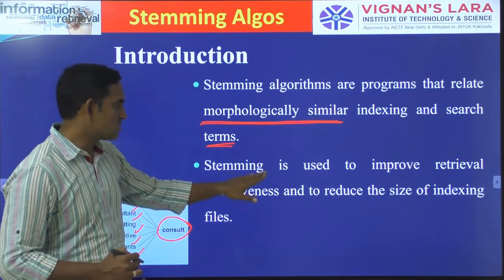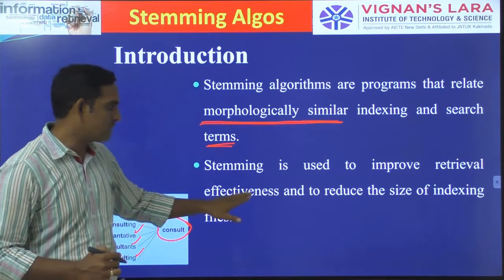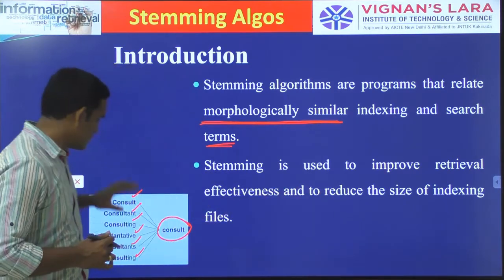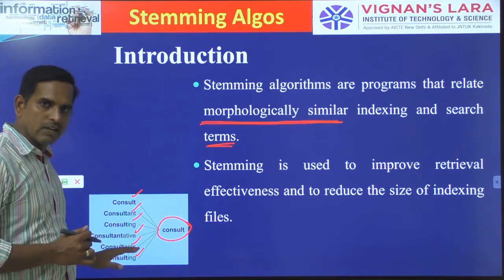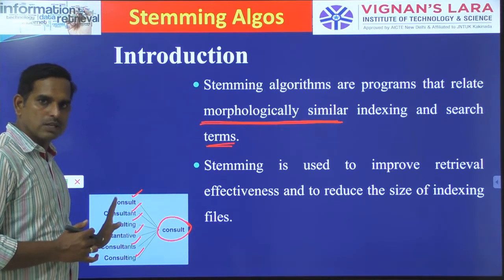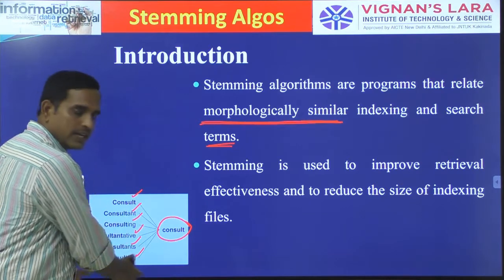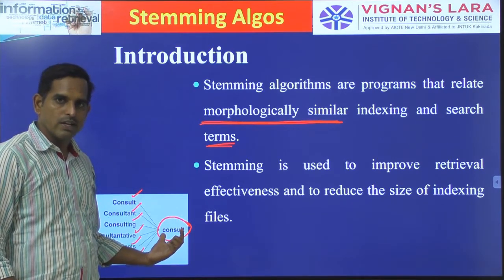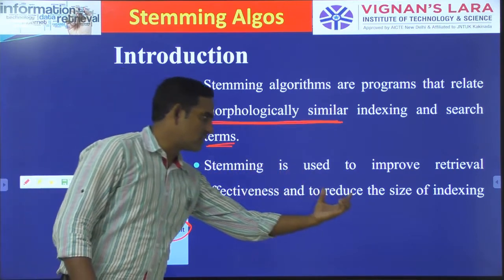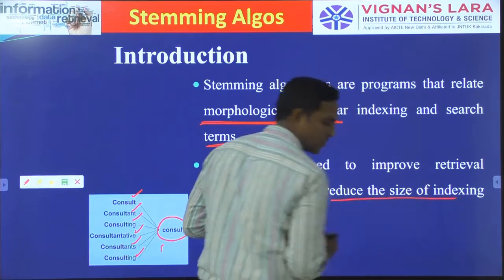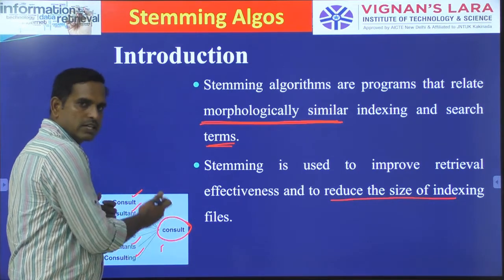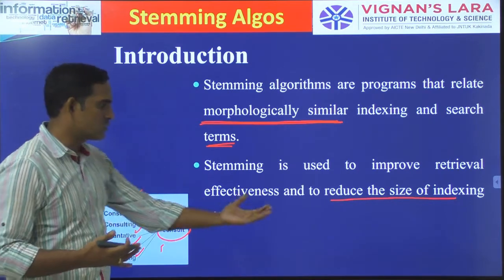Stemming is used to improve retrieval effectiveness and to reduce the size of your indexing files. Instead of indexing all these non-stemmed terms, we can index only a single term. This reduces the size of your index.